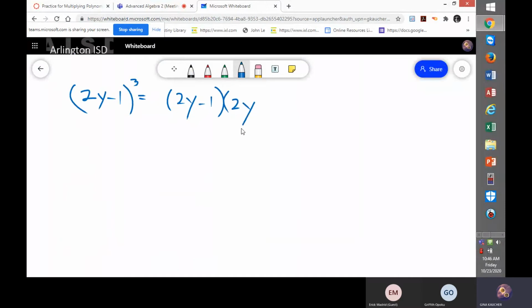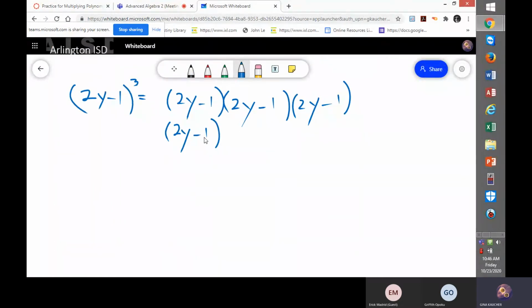You're not supposed to distribute that cube to each of those terms. That will be exactly wrong. So after you write this 3 times, we'll try Pascal's triangle then, but first let's multiply it out because you might not remember how to do Pascal's triangle at the last minute. So you might have to just multiply it out.